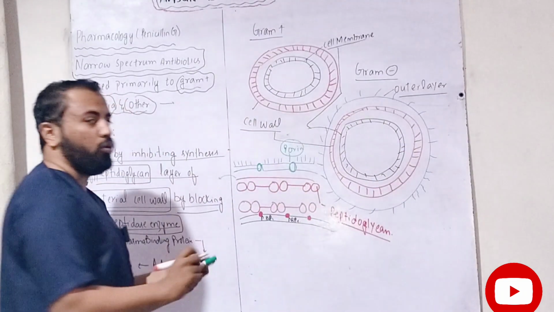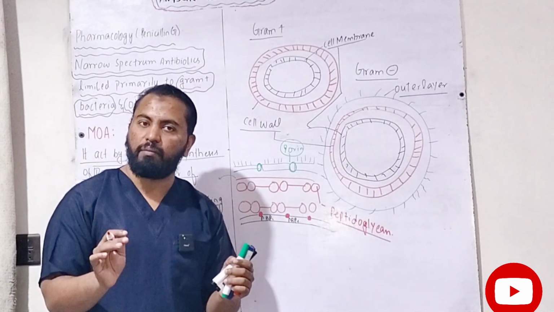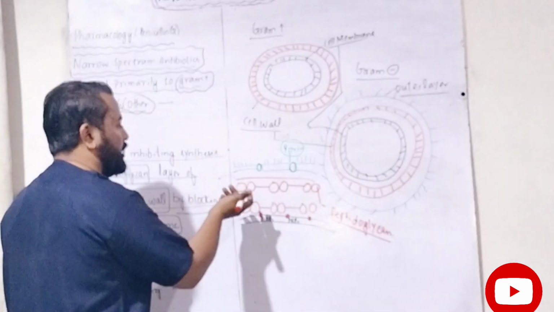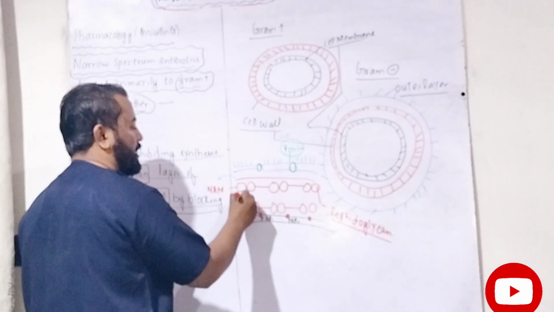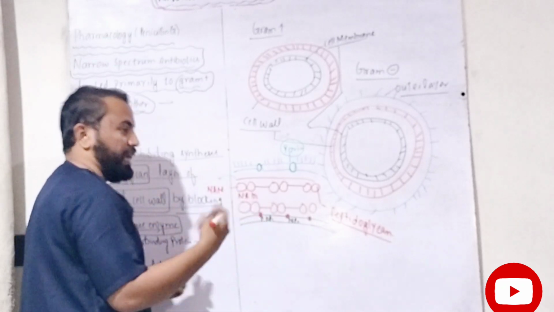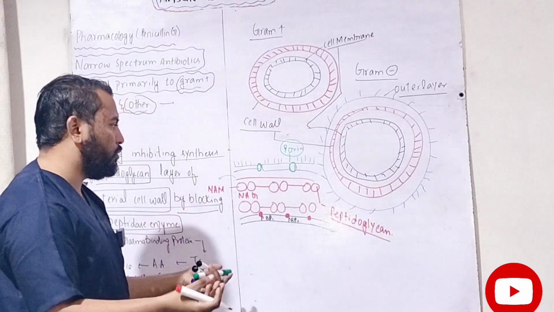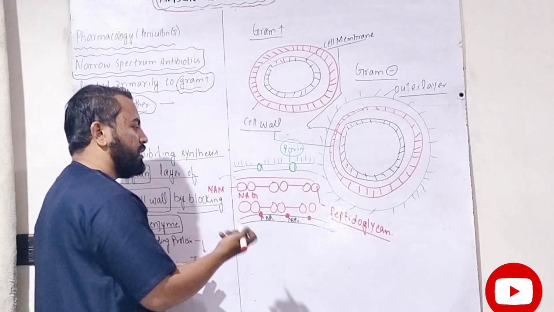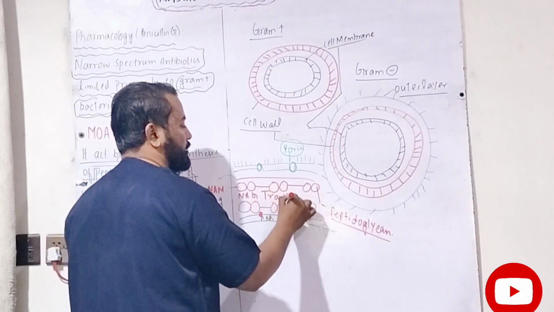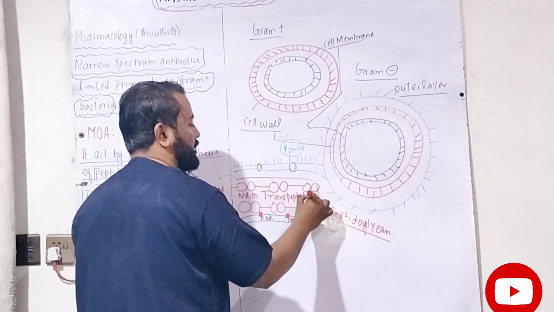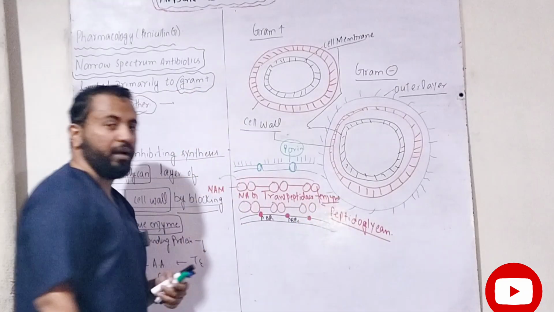We also know that in the word peptidoglycan, peptide means fragments of amino acids and sugars. For example, we can see NAM and NAG, N-acetyl glucosamine. There are different types of these units, and the amino acids link with each other with the help of an enzyme known as transpeptidase.